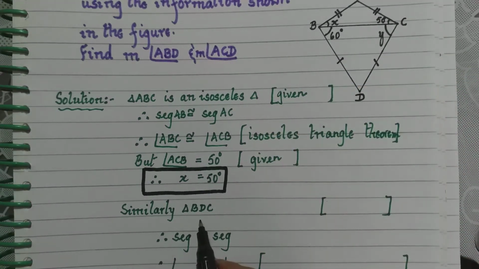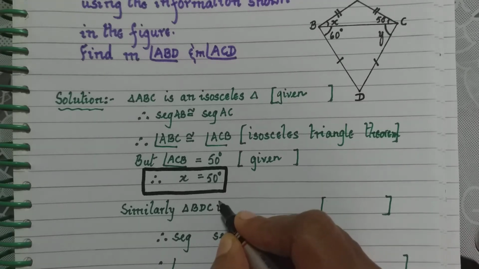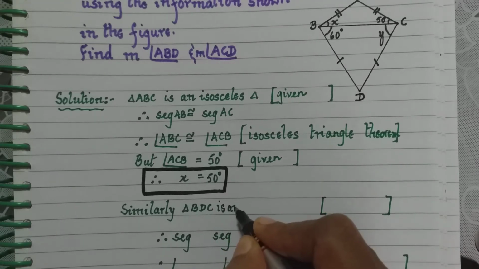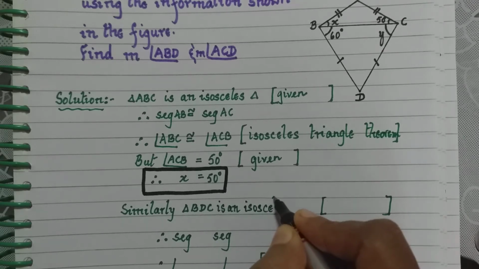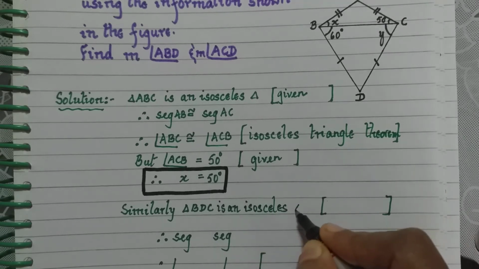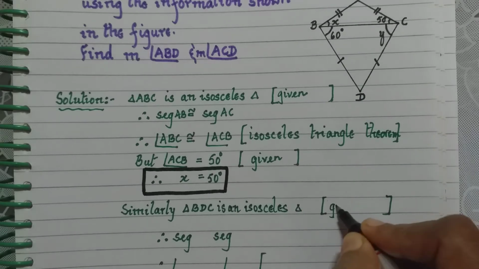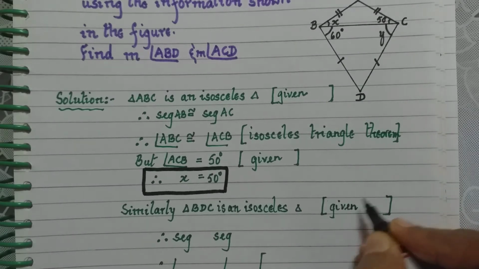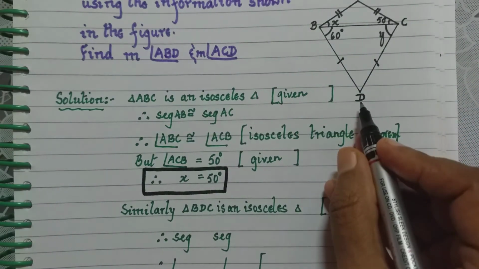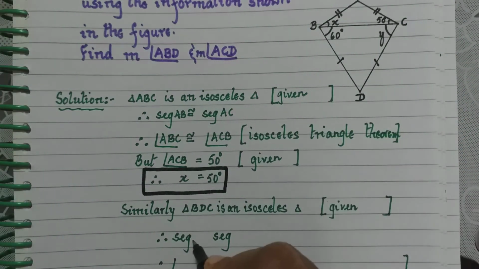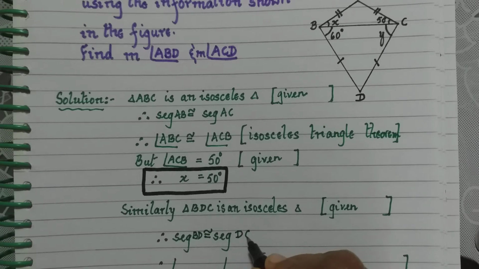So similarly triangle BDC is an isosceles triangle. How? Given. Therefore, segment BD is congruent to segment DC. So we write here BD congruent to segment DC.